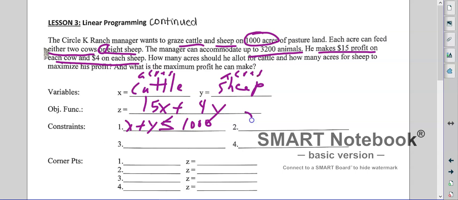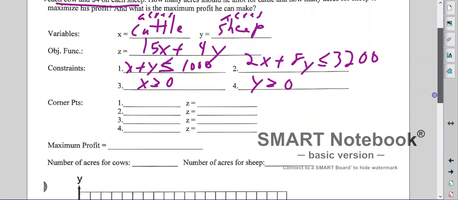Now, he can have 2 cows or 8 sheep. And it has to be less than or equal to 3,200 animals. And our ones we use every time, x greater than or equal to 0, y is greater than or equal to 0. All right? So now we're going to come down and graph these.